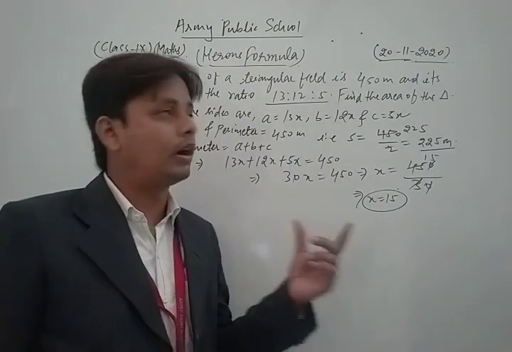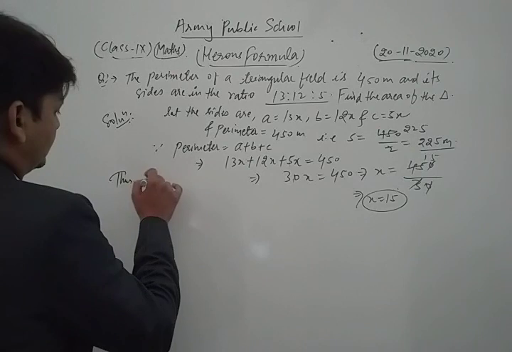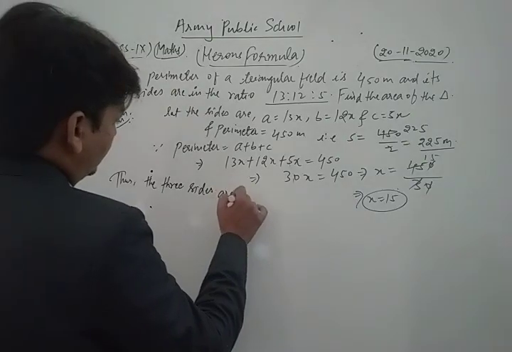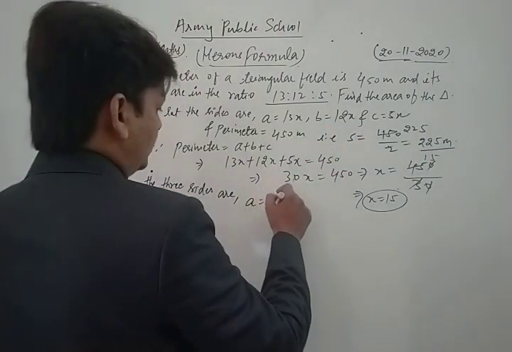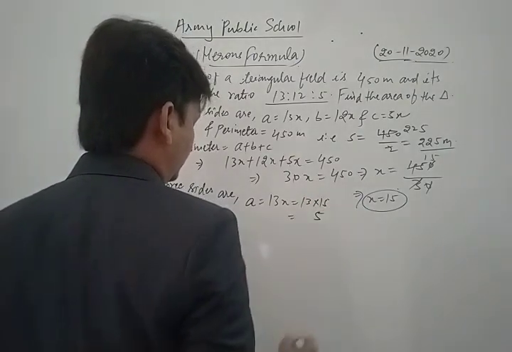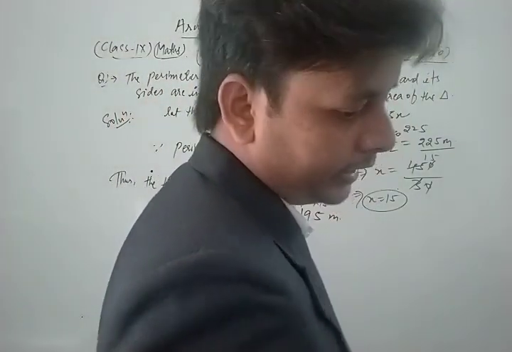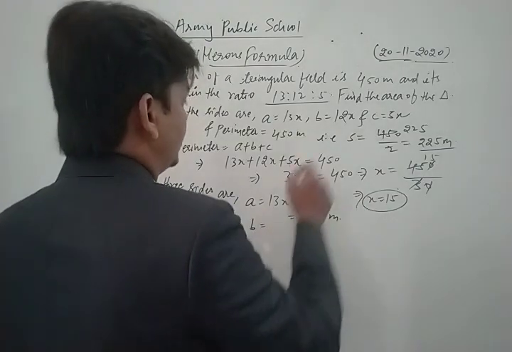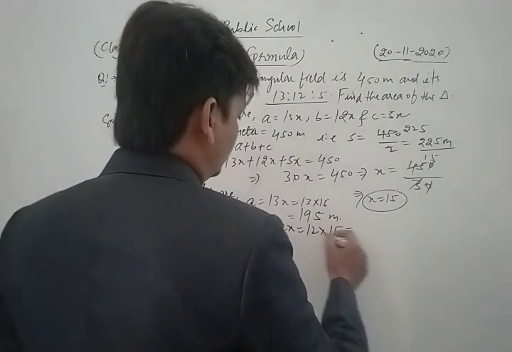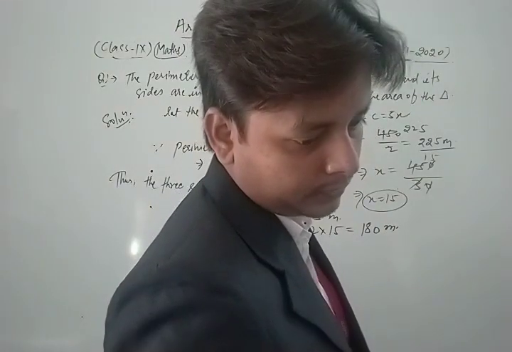Now, hence we find all three sides. Thus, the three sides are: a is equal to 13x, that is 13 into 15, which is 195 meters. The first side is A equal to 195 meters. The second one, B, is 12x, so 12 into 15 is 180 meters.